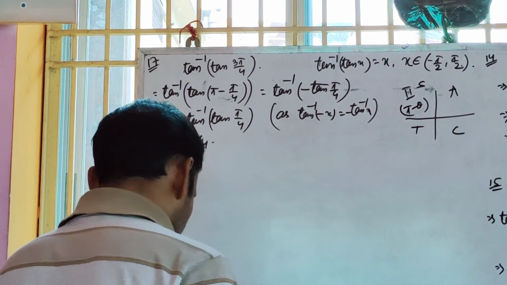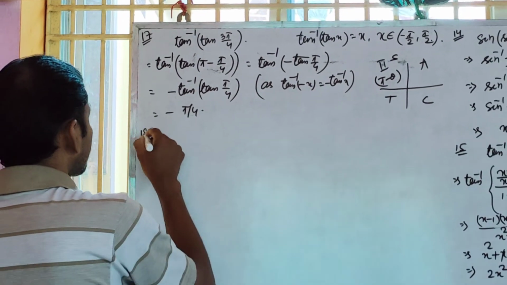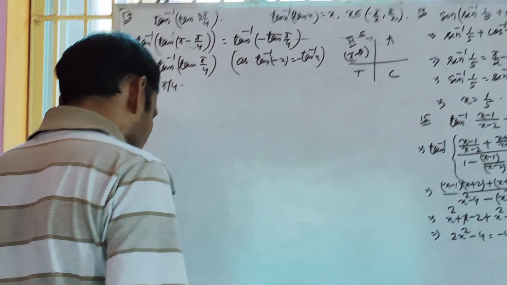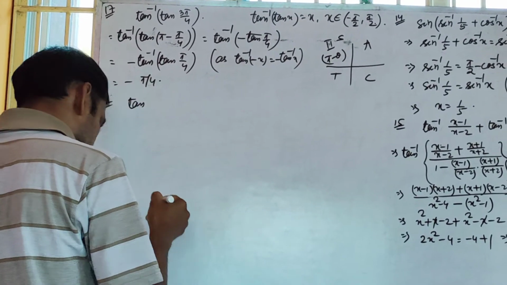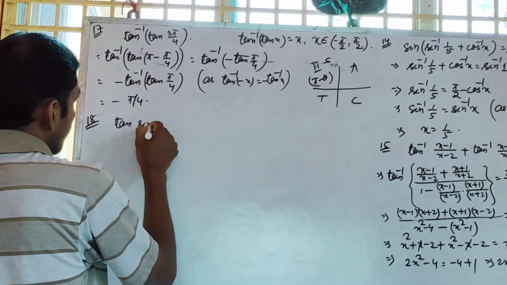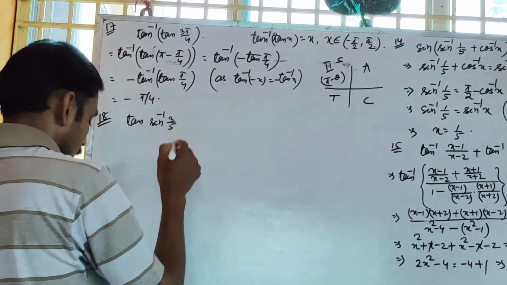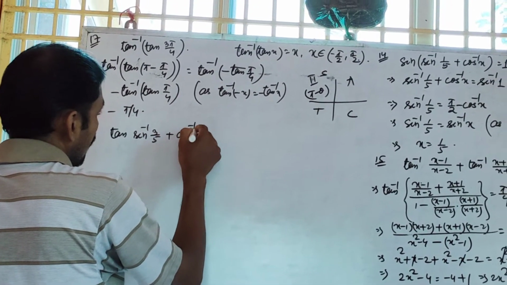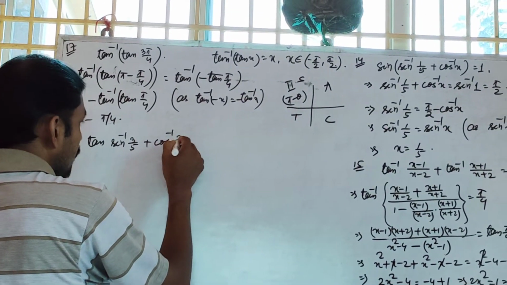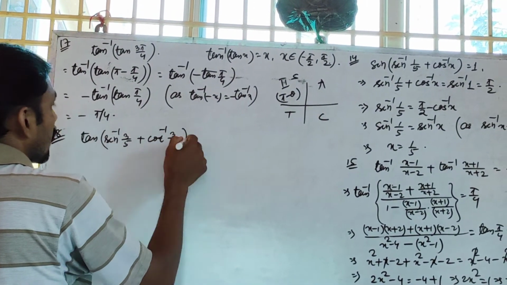And question number 18. It is also: evaluate tan of sin inverse 3 by 5 plus cot inverse 3 by 2.